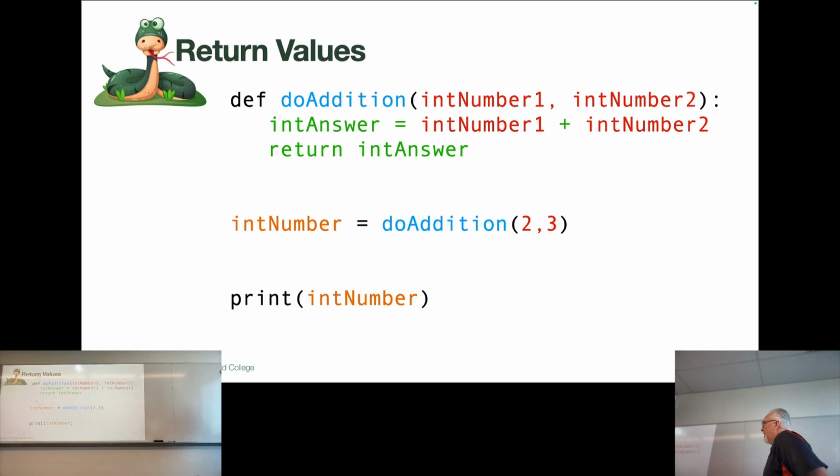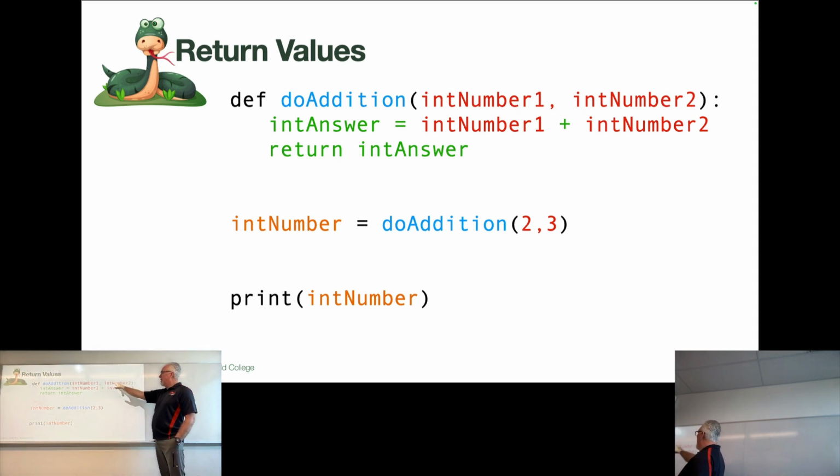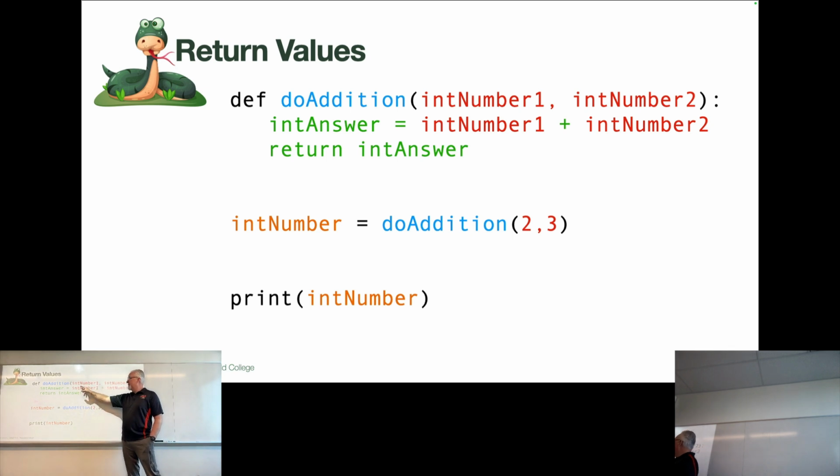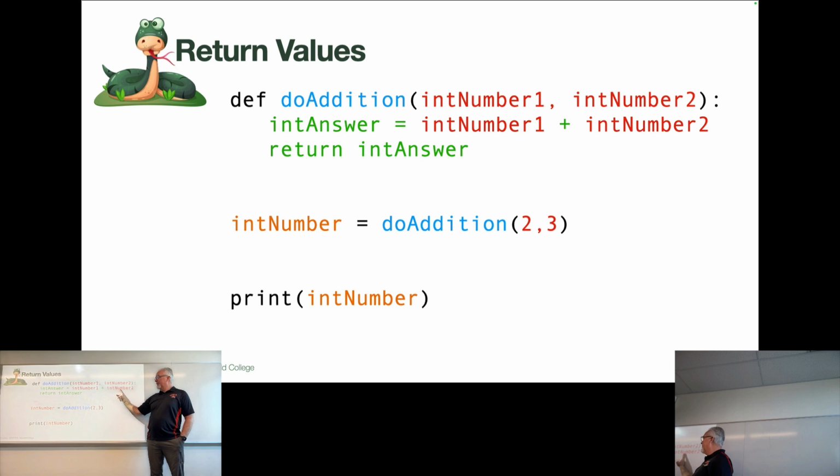So a use of return values might be something like this. This function is called do addition. It takes two arguments. Int number 1 and int number 2 are the parameter names. Inside the function, I create a variable, and to that variable I assign the sum of int number 1 and int number 2.